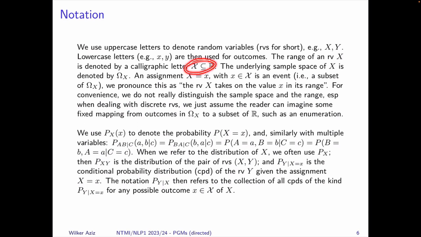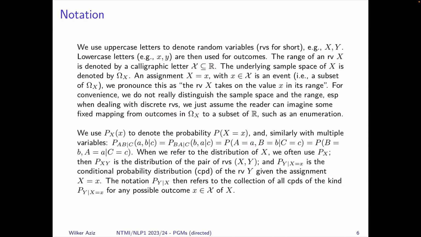If I ever use a calligraphic letter, I mean the range of the random variable, so the possible outcomes. If I ever use this omega, I mean the sample space. So the underlying sample space is something like the words or the sentences or the documents.